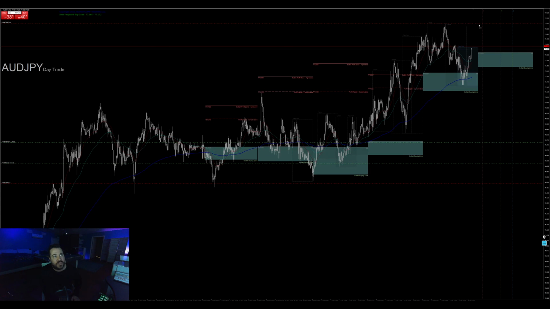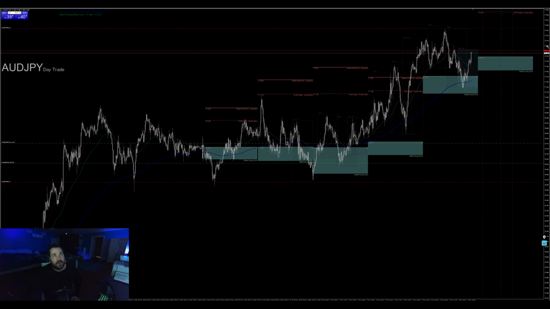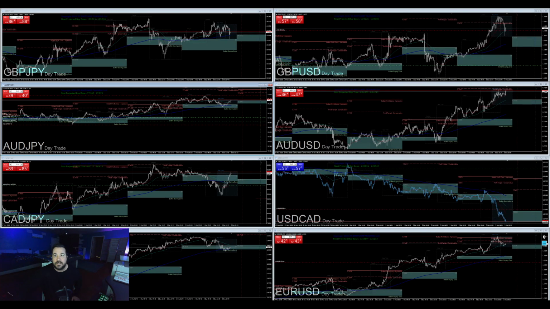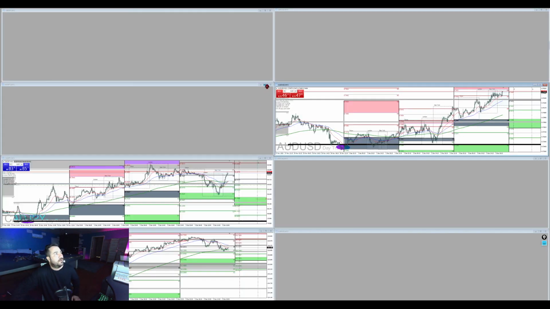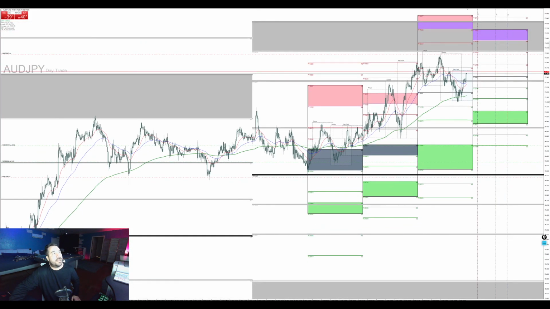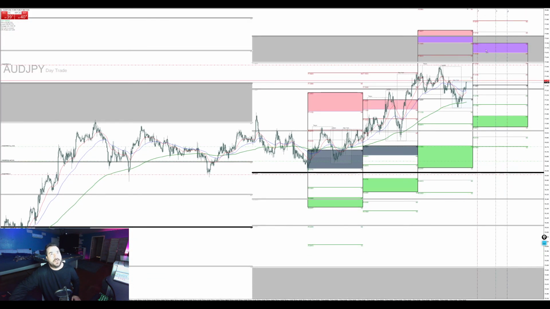If we don't reach it today, more than likely my target is going to be raised. And I know that, let's go ahead and bring it over to the full pivots. So taking a look here, yes, it is inside of the weekly target. So the daily target is inside the weekly target.